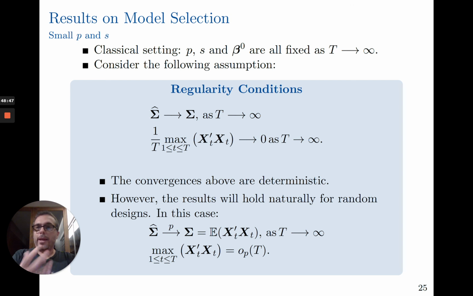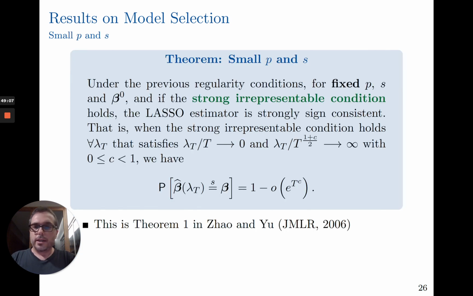And basically, there are two setups. One setup is the low dimension case. So basically, we need some bounds on the design matrix. That's this condition. These are some regularity conditions. Okay?